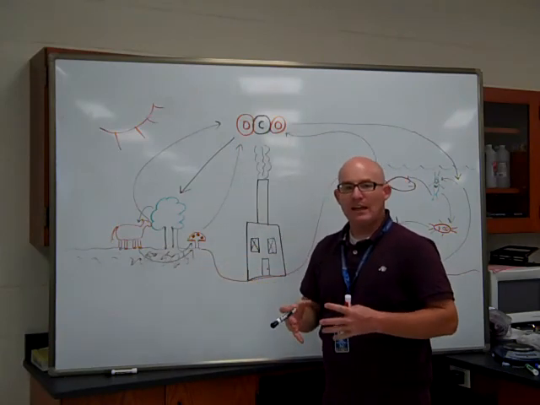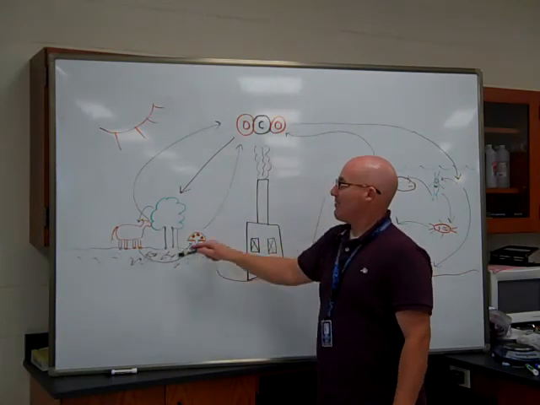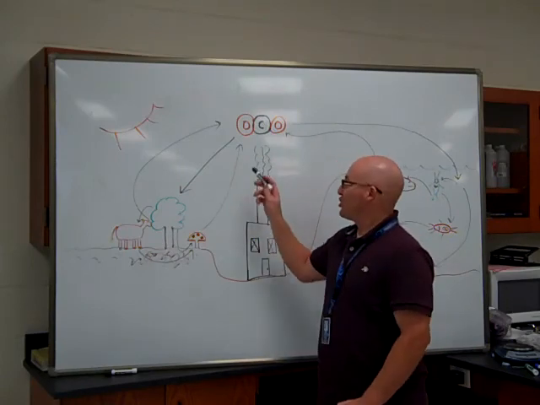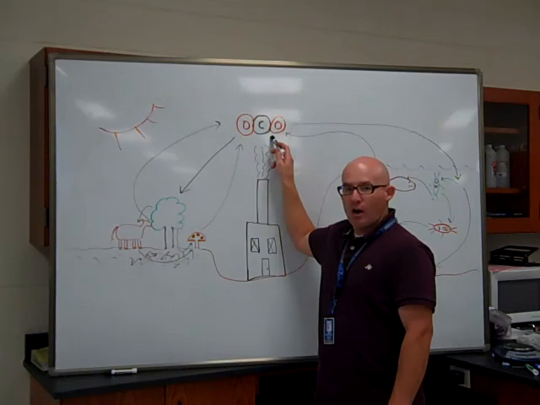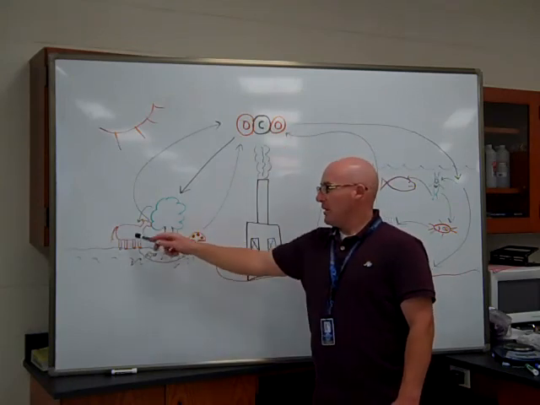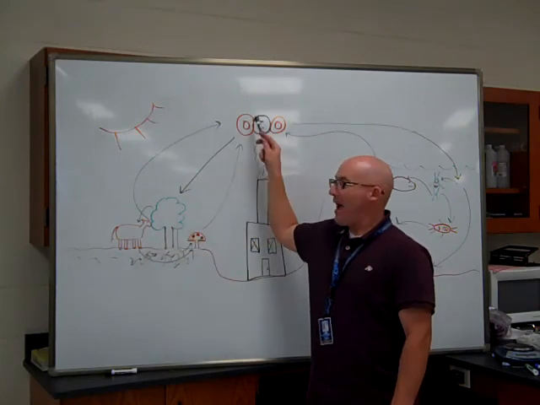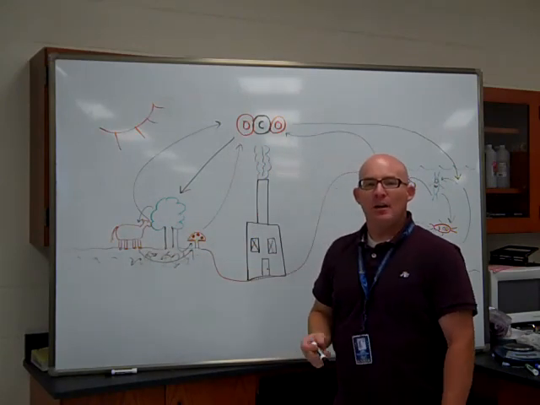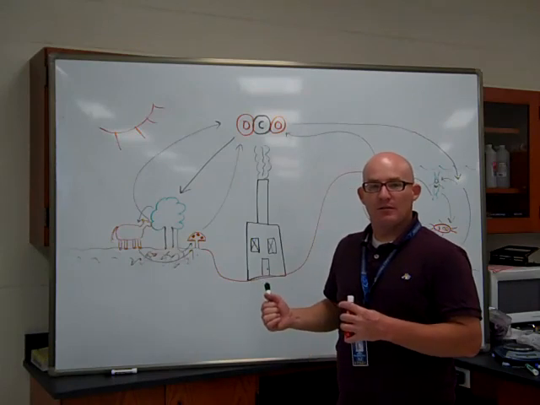We can see how those two are linked. This is basically one dynamic of the carbon cycle. It's very simple, but it shows how we can cycle carbon from one form to another form, to another form, and back to the same form. Next time we will do the aquatic carbon cycle.